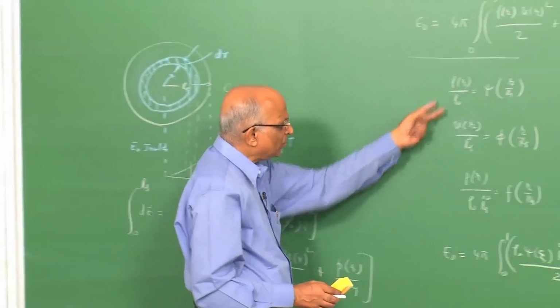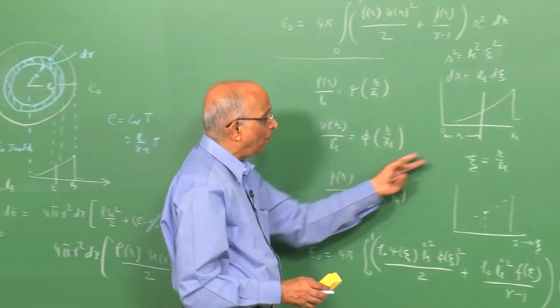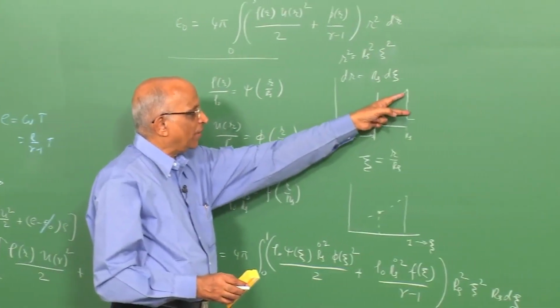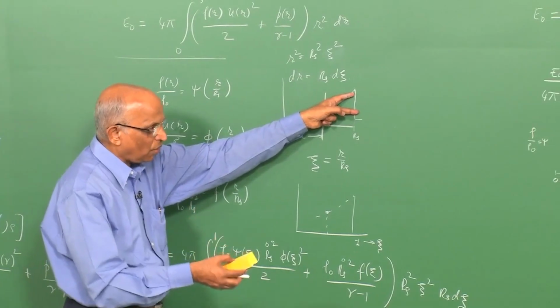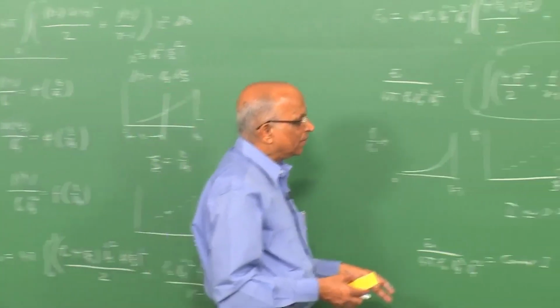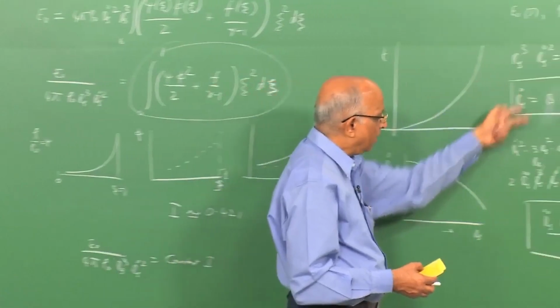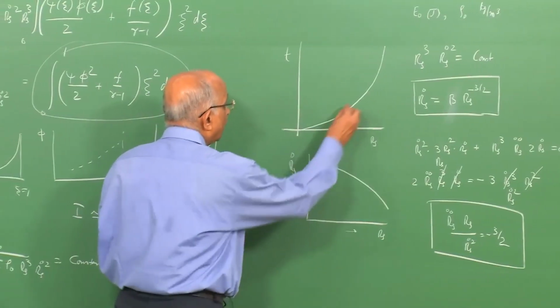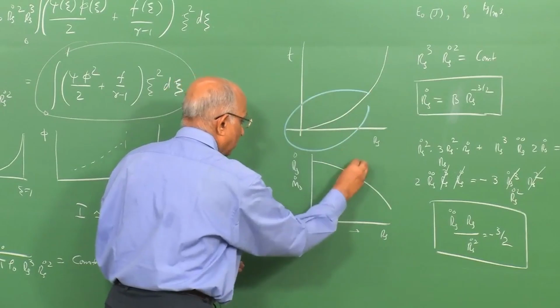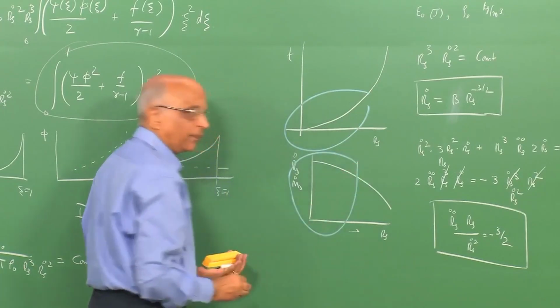Second, we also used these profiles which were strictly true only for the case when the Mach number of the blast wave was quite high, that means we are talking of a strong blast wave, and therefore the conditions we have derived here are suited only for this initial region.